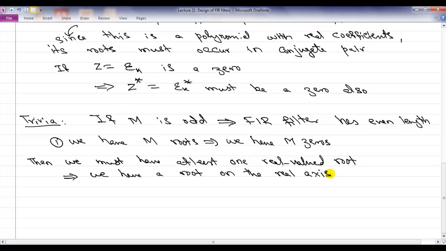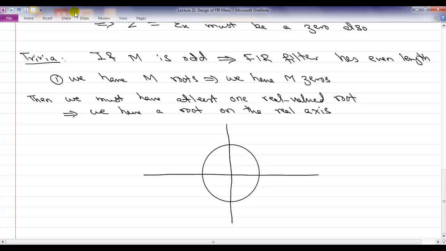So we'll come back to this point later, but let's combine the two pieces of information that we gathered. One, we have a linear phase filter, and two, we have real coefficients. Okay, so we'll take a few examples.